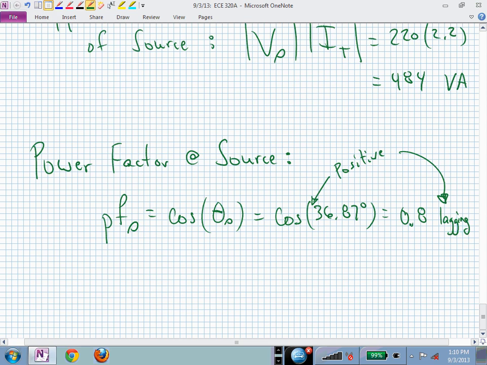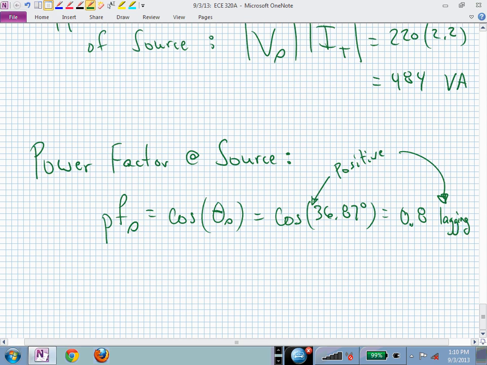And the answer is no. You can't tell. Somebody could give you 0.8 and they need to tell you, is that leading or lagging? Because if they just give you the number, you don't know whether that's inductive or capacitive. They have to tell you that additional piece of information.